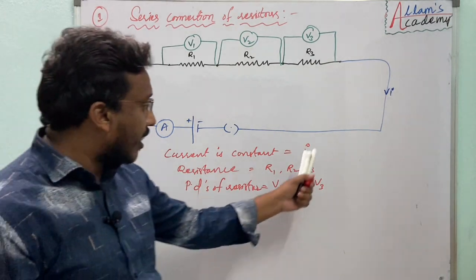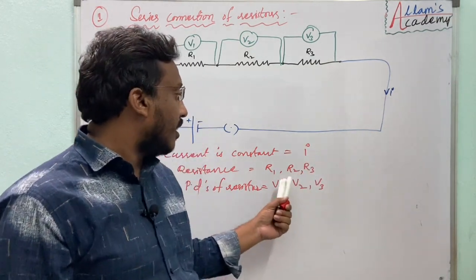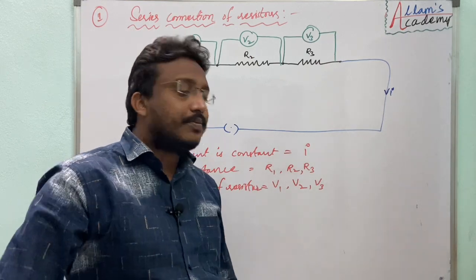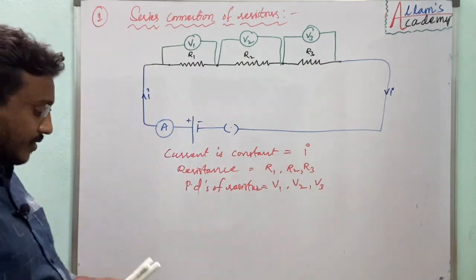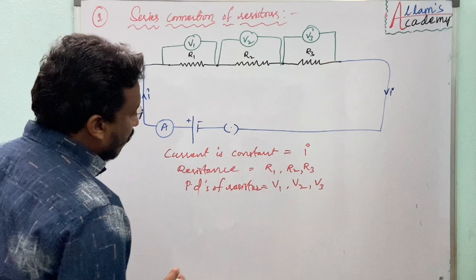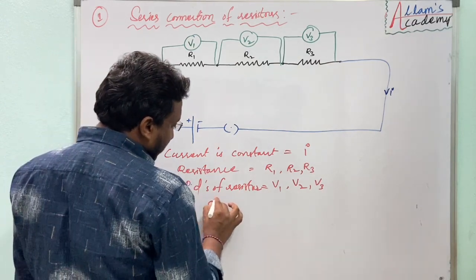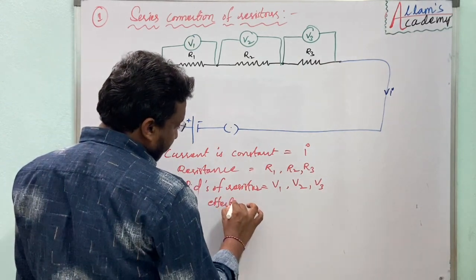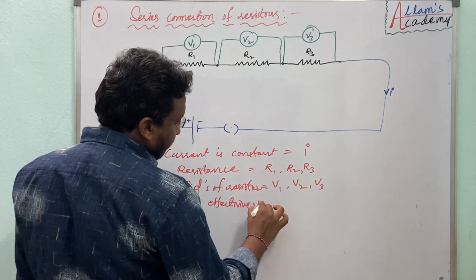So here we have current, resistances and potential differences. So here we have to find the effective resistance.